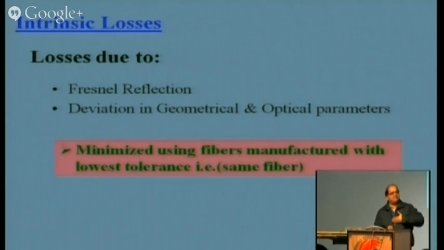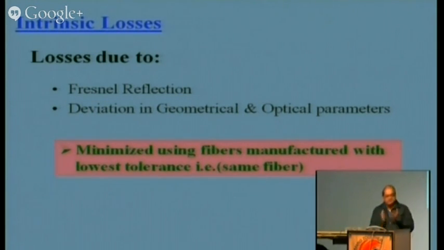After maybe 1 kilometer, they will leave spare fiber. Out of 1000 meters, they are leaving 5 to 10 meters of the fiber in a loop as spare fiber. So whenever there is a need, they can pull that fiber and do the job.